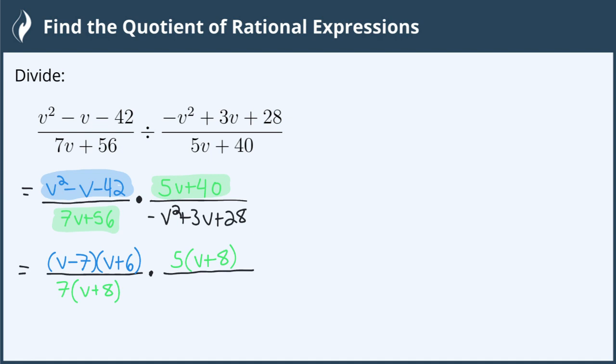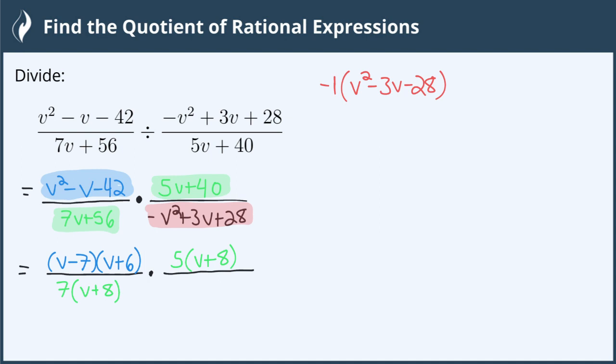Now, let's take a look at this final component here, negative v squared plus 3v plus 28. Since that leading coefficient is a negative, we want to treat it that way, where we are actually pulling that negative 1 out before we do anything else. If we factor out negative 1, we have v squared minus 3v minus 28.